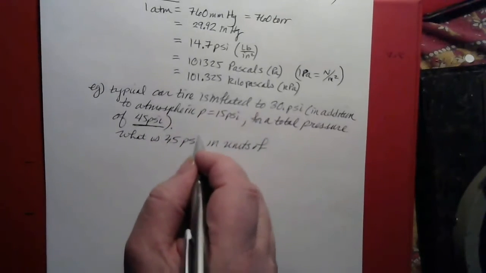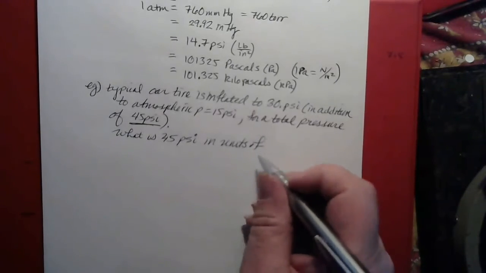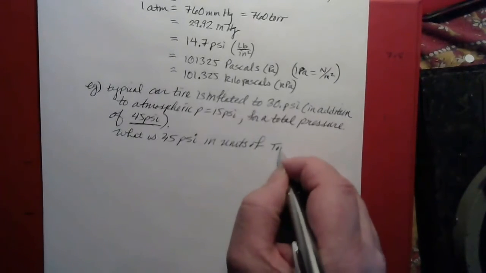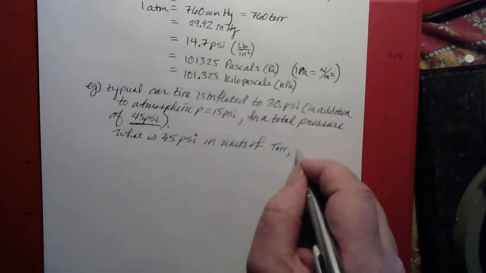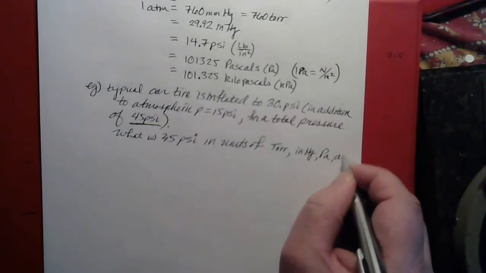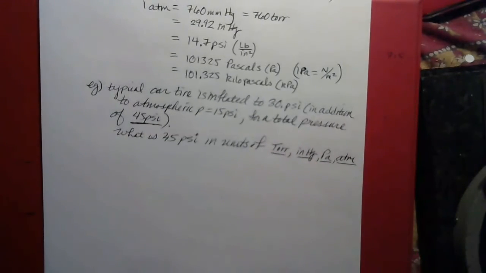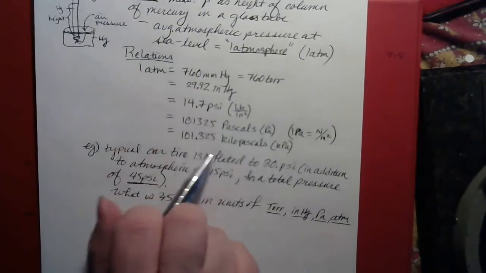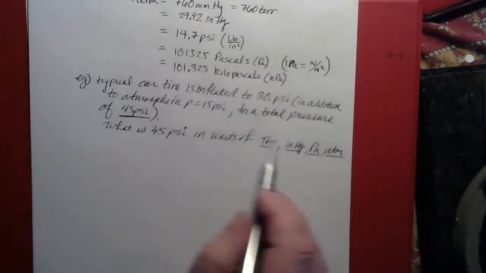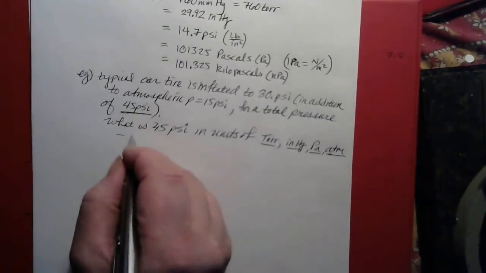And so what would 45 psi be in units of, let's see what we have here, torr, inches of mercury, pascals, and atmospheres. Okay, so actually, since we have this nice list up here of what everything is related to 1 atmosphere, it would probably make sense to find the pressure in atmospheres first.